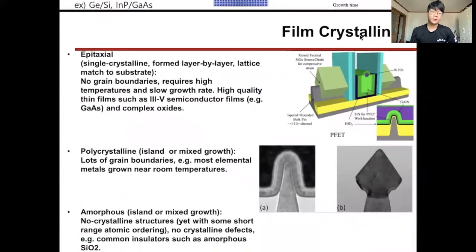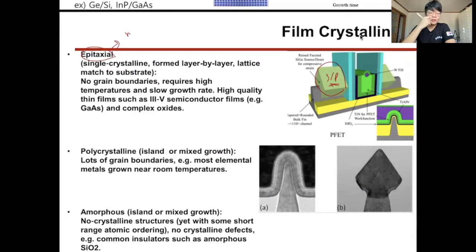And also using these film depositions, we can make epitaxial growth, which means it is formed layer by layer. It's very slow. Using this epitaxial growth, we make the source and drain contacts in FinFET, because it can support high mobility on the growth plane.